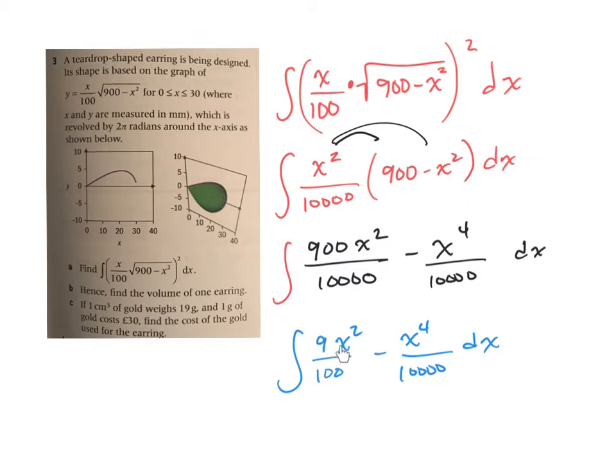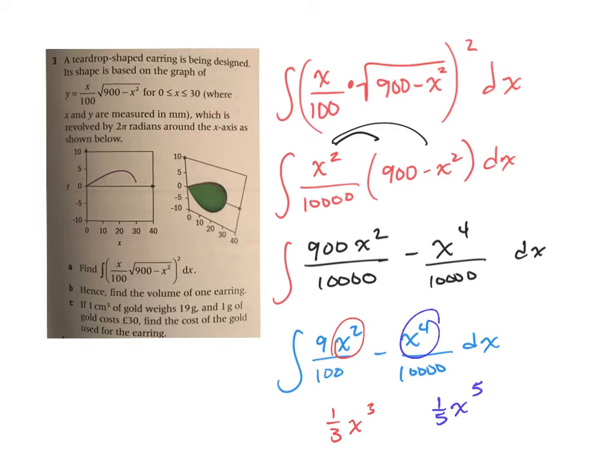We just end up with 9x squared over 100 minus x to the 4th over 10,000. If you wanted to pull that 1 over 10,000 out front, you totally could have. I'm just going to leave it there. And then let's deal with this. The antiderivative of x squared is 1/3 x cubed. And the antiderivative of x to the 4th is going to be 1/5 x to the 5th.